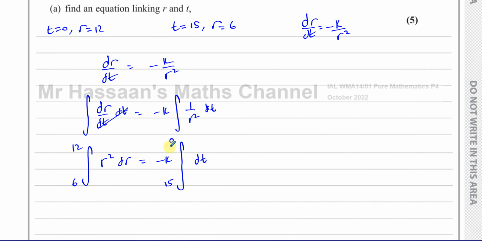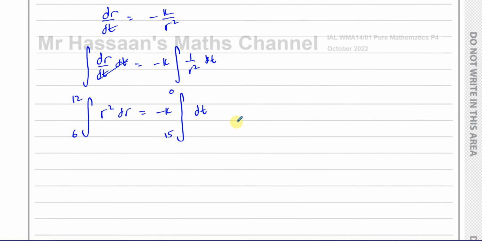So if I integrate both sides, this side is going to say r cubed over 3, with the limits 12 and 6, equals minus k times t, since 1 with respect to t integrates to t, with limits 0 and 15.